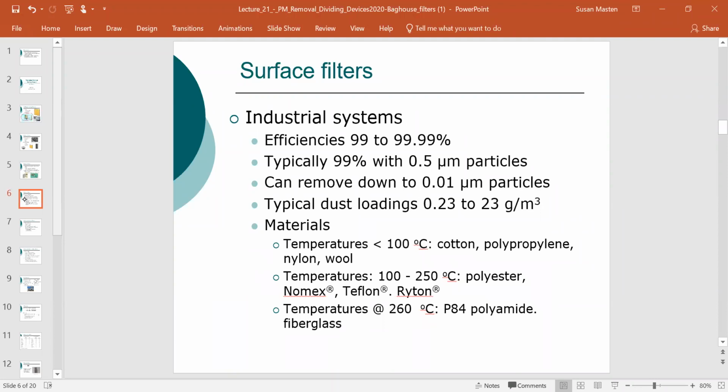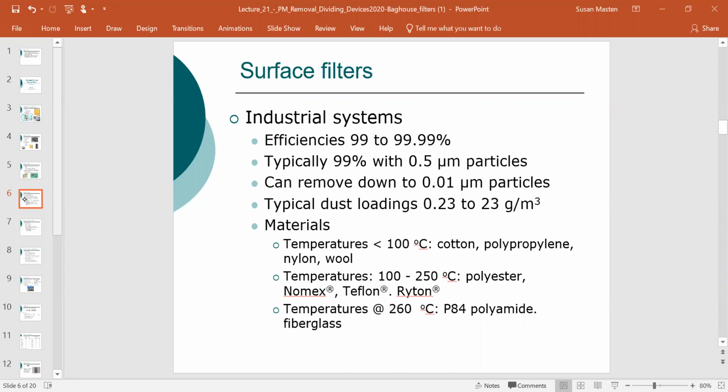Now, in an industrial system, we're not going to achieve removal efficiencies as great as what we just mentioned with a HEPA or an ULPA, ultra high efficiency system, but we do achieve very good efficiency, typically 99 to 99.99%, so what we would refer to as 2.9 to 4.9 log removal.